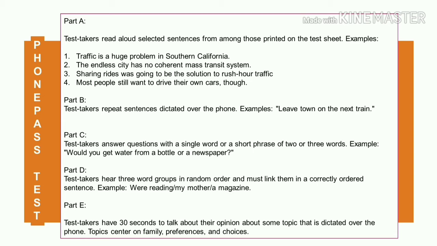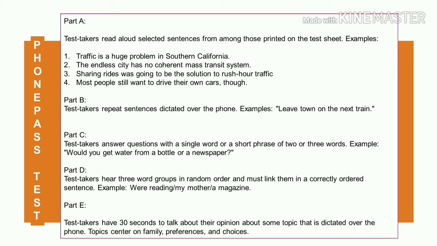Part D. Test takers hear 3 word groups in random order and must link them into a correctly ordered sentence. In the example, we're reading / my mother / a magazine. Then the student will answer, my mother were reading a magazine.